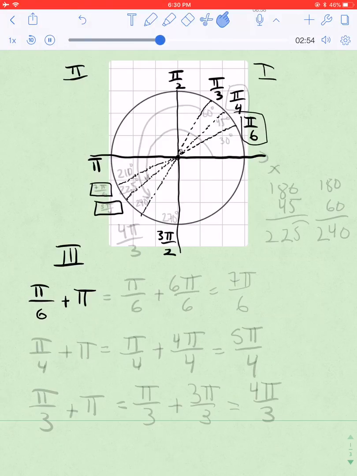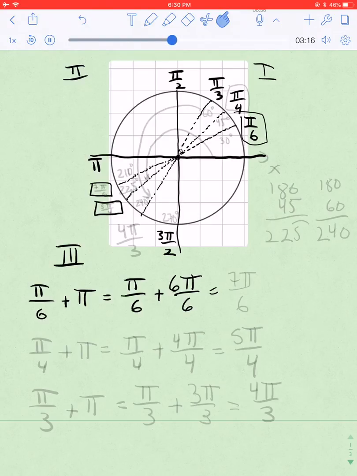But we have the same problem again where the denominators are different, so we convert it to sixths. Pi over 6 stays the same, but now we're going to say 6 pi over 6, right? Because 6's would cancel and we'd be left with pi, so we're allowed to do that. We multiplied numerator and denominator of the second term by 6.